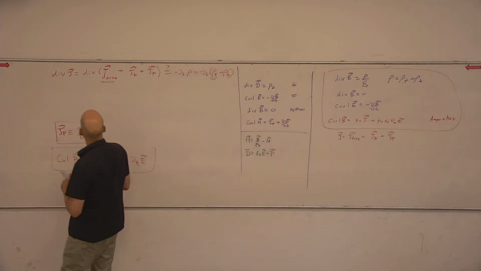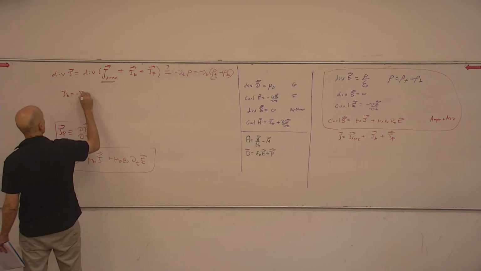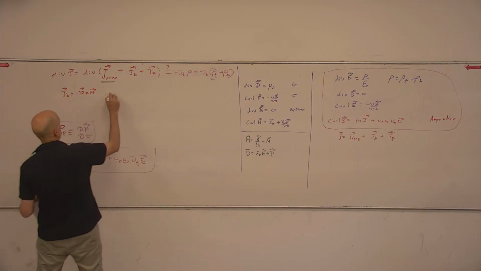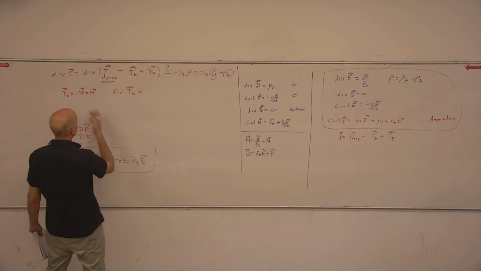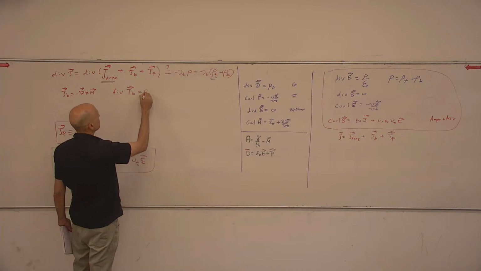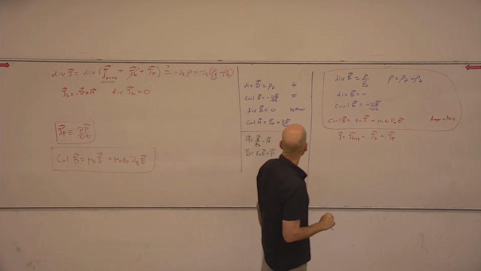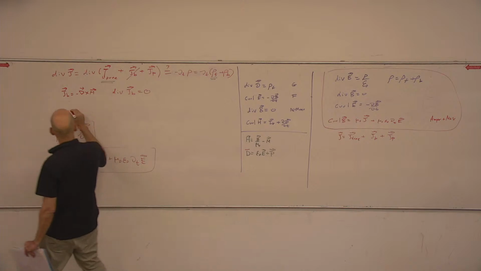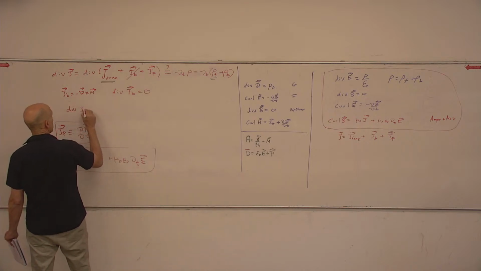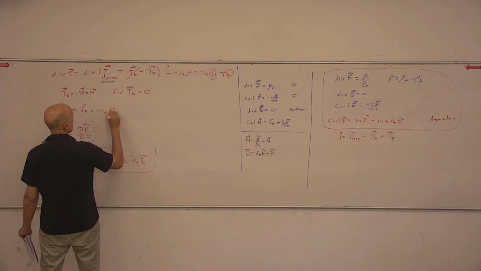Now, what is JB? Remind ourselves, it's curl M, right? So what is div JB? Div of a curl is 0. So this term also goes away. So what I need to prove to show that this equation is correct is that div JP is actually minus d/dt rho b.